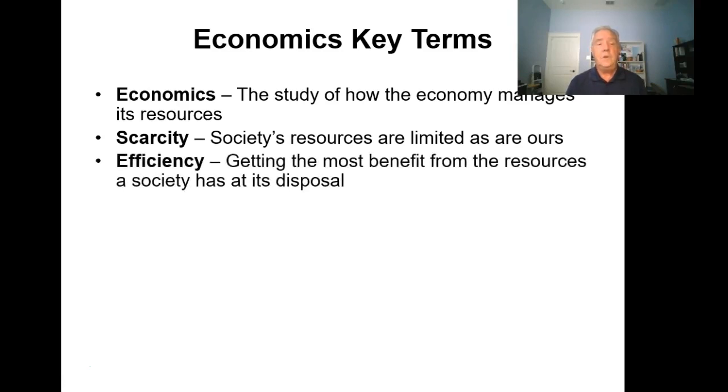Efficiency: getting the most benefit from the resources society has at its disposal. This depends on the resources that a country may have that it can benefit the most from. The United States, we're very fortunate. We have a country that has extremely good natural resources. Some countries don't.